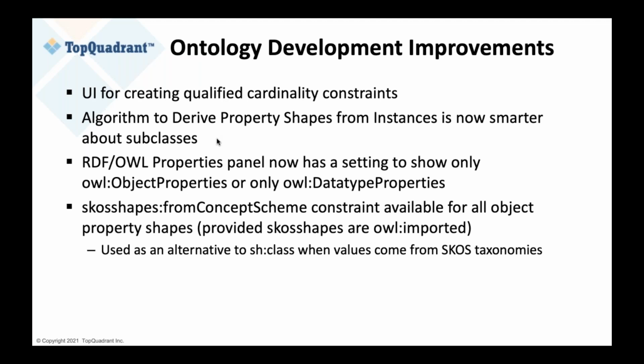Yet you want to say that the values for this, let's say, come from the geography concept scheme, or they come from the food concept scheme, etc., without having to define subclasses of SKOS concept specific to those taxonomies. So that's an alternative that some of the taxonomy developers find useful.